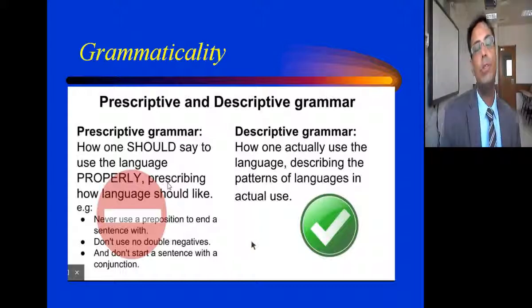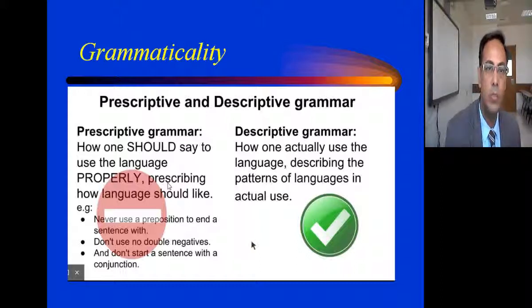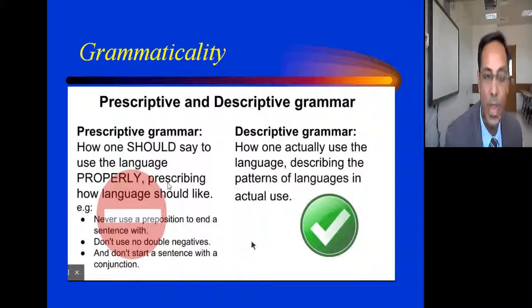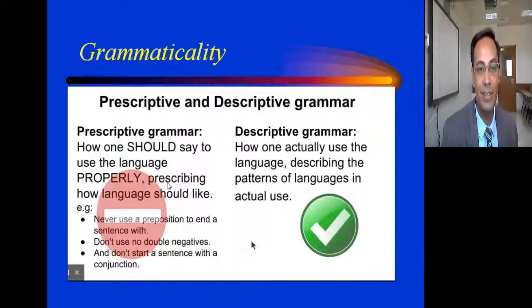Grammaticality. Here we have to mention prescriptive and descriptive grammar. What is the difference between prescriptive and descriptive grammar? Prescriptive grammar means how one should say it, to use the language properly. It should be as it should be, prescribing how language should be.